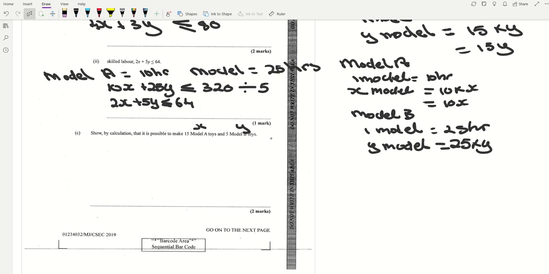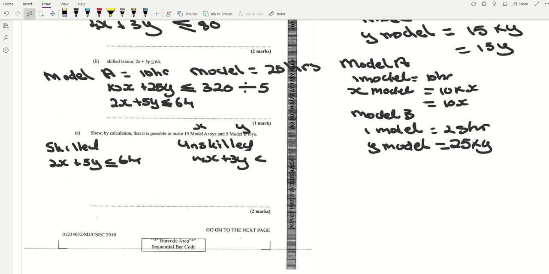So for skilled, we know that it is 2x plus 5y is 64, and for unskilled, it is 4x plus 3y, right, less than or equal to 80.